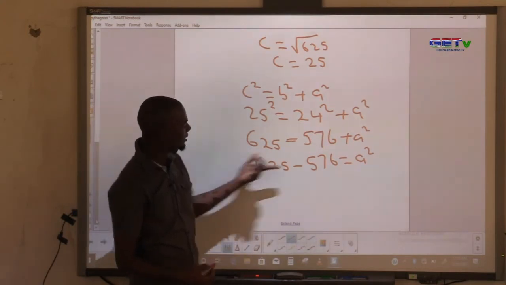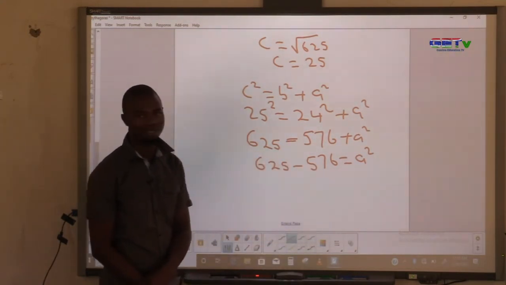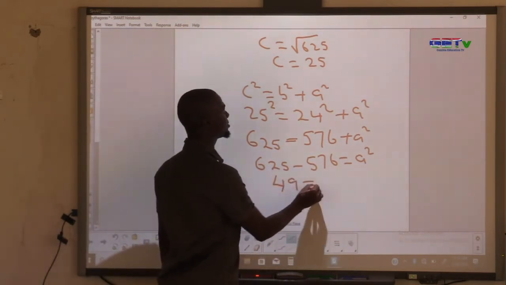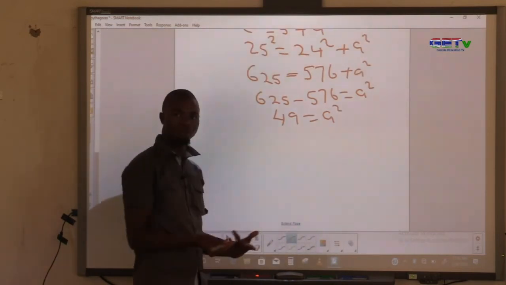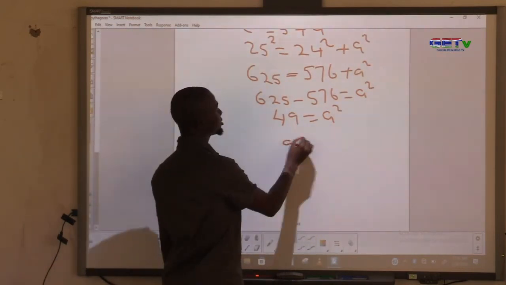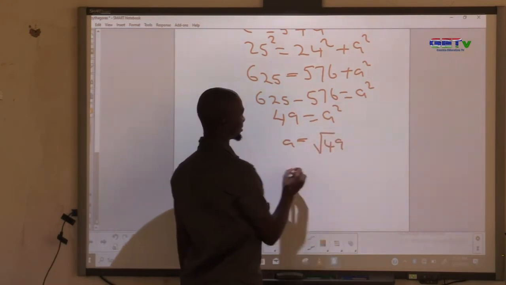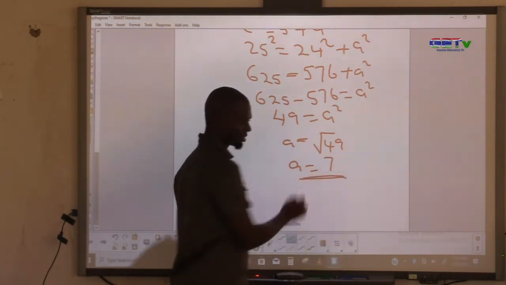When we subtract 576 from 625, the answer is 49. So we will have 49 is equal to A square. By square rooting both sides, A is going to be equal to the square root of 49. So A is equal to the root of 49, which is 7.